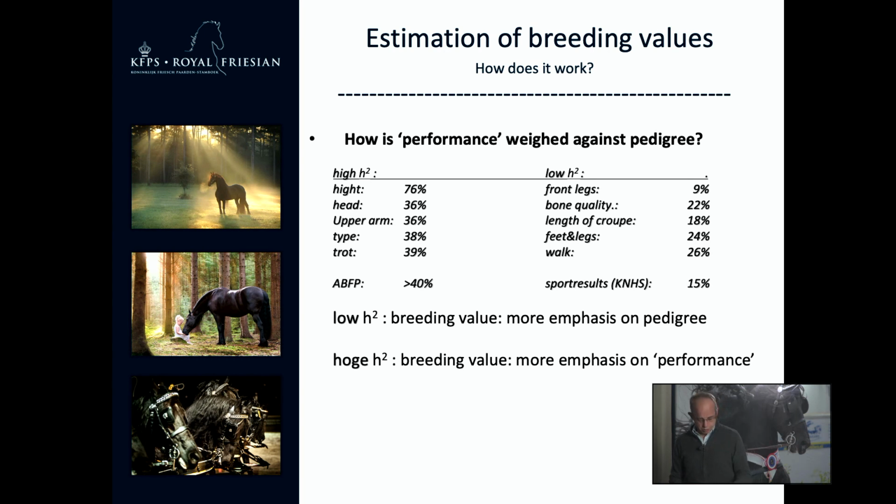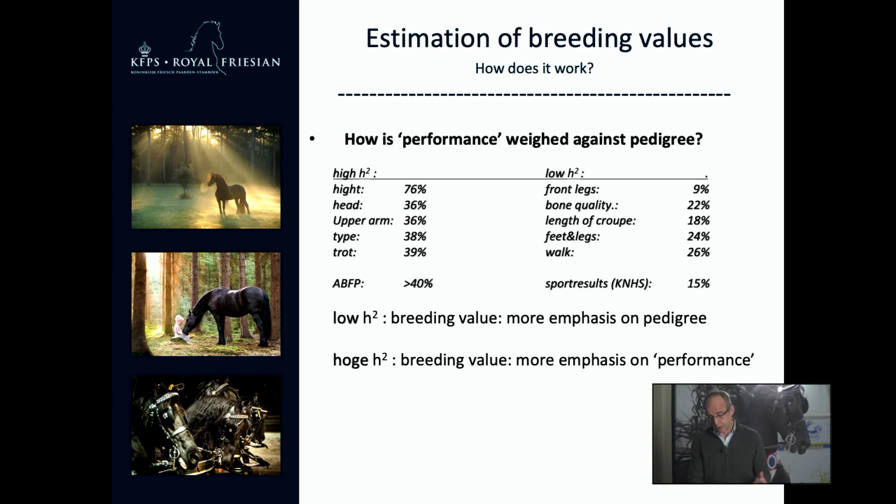Well, also, if you look at sport results, then we see a high heritability in the ABFP test and a very low heritability in sport results. These are the sport results from the competition sport of our sport federation. It's easy to understand why: the ABFP tests are held under conditioned circumstances with the same riders and same judges, and the sport results are, of course, also very much influenced by the rider.